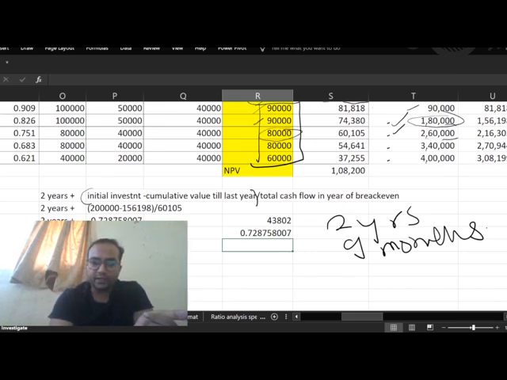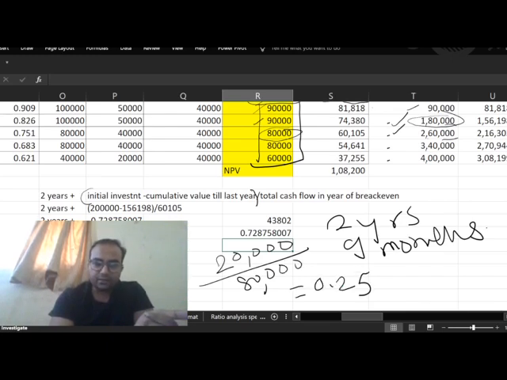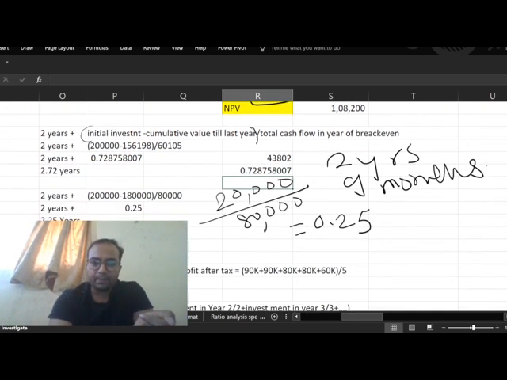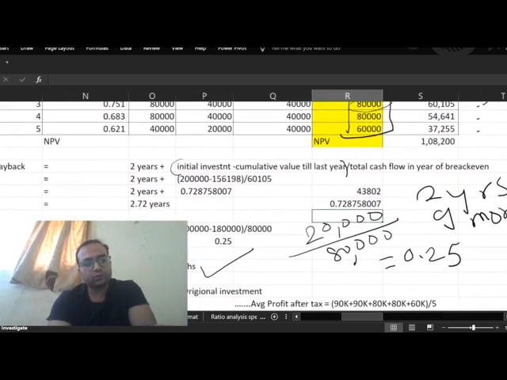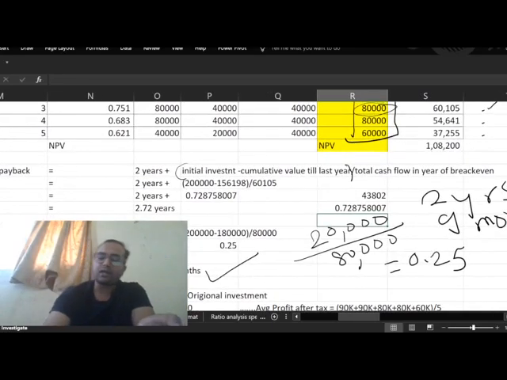So 2 years plus 2 lakh minus 1 lakh 80,000, that is 20,000, divided by 80,000, so that will be 0.25, right? So our accounting payback is 2.25 years, that is 2 years 3 months, right? Hope you understood both the concepts, discounted payback and accounting payback.